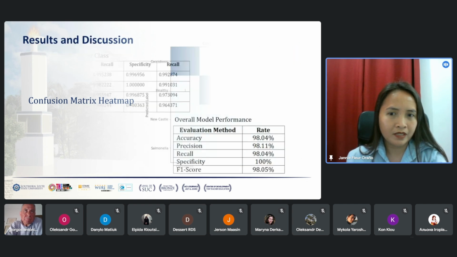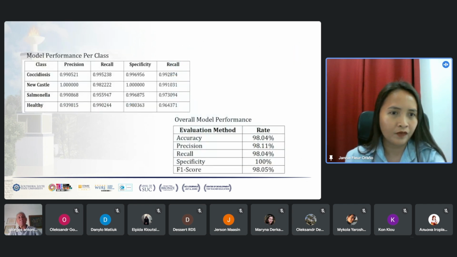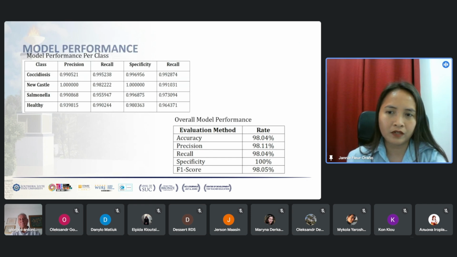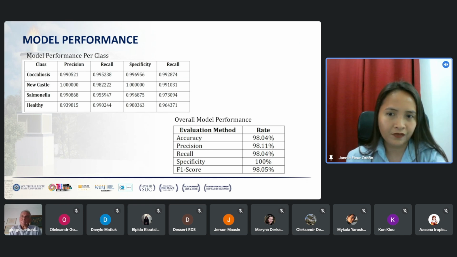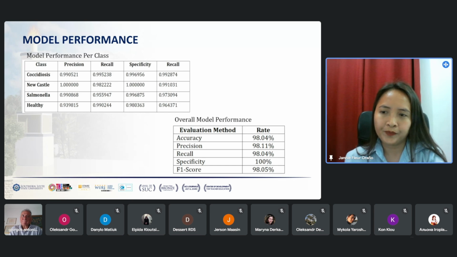And this table is providing a detailed evaluation of the model's performance per class. The metrics for precision, recall, specificity, and F1 score are calculated to assess the model's accuracy rate. Overall, the model exhibits strong performance with high values in most of the metrics.